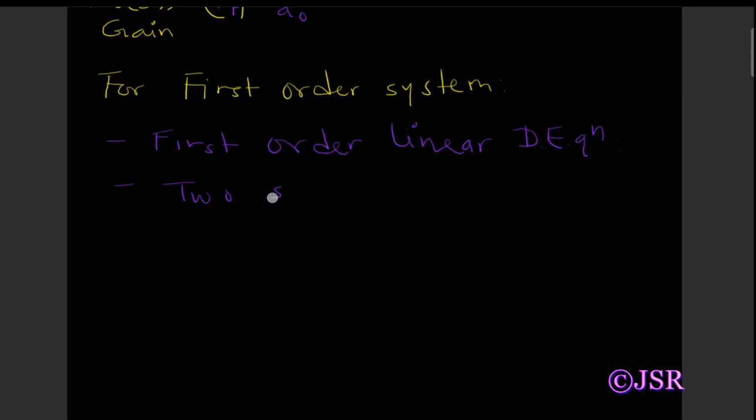We will have two system parameters. One will be process gain and the second will be the time constant.